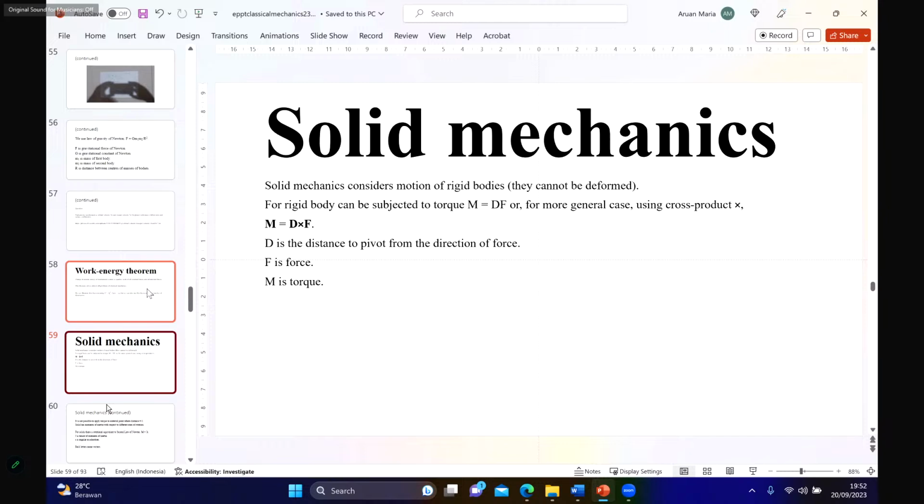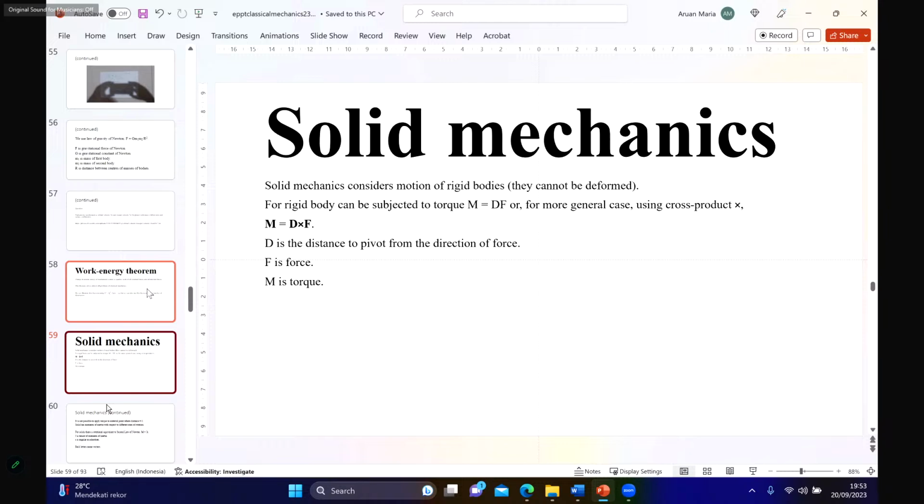we can calculate M, which is torque or moment of force, as distance cross product force, and cross product means that you multiply distance times force times sine of the angle between them. Remember, for work it was cosine, but this time it's sine.